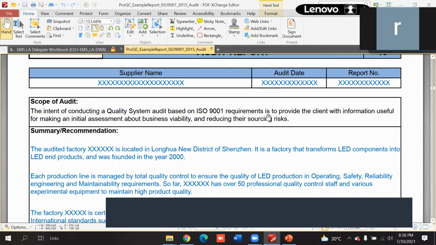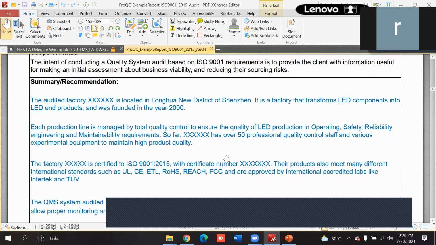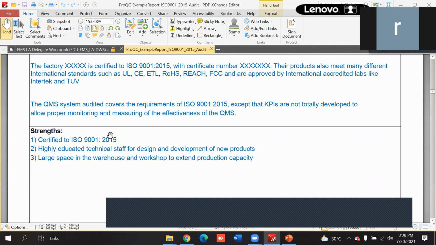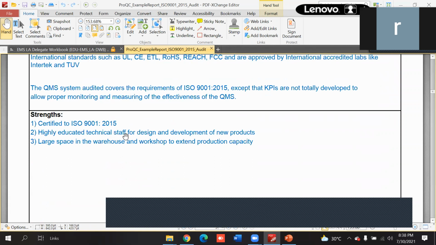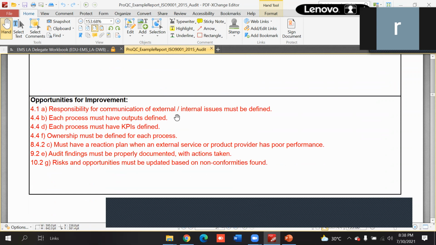So this audit report: what is the scope? What is the summary? Look at this and that. Then what is the standard? They look through all the clauses with the manual, those things they check, then they certify. If there are any opportunities, maybe responsive communication.